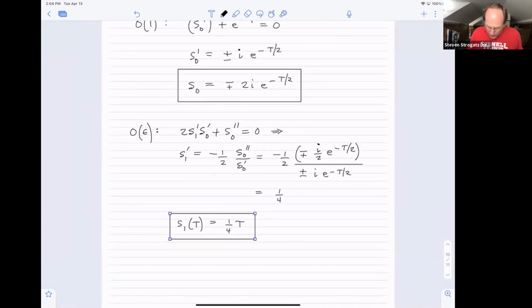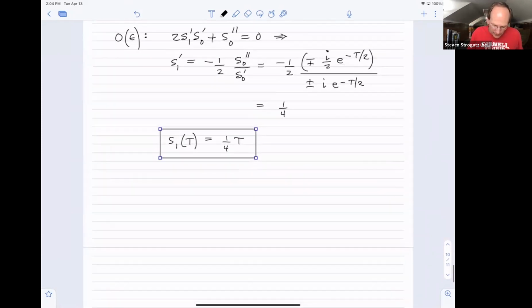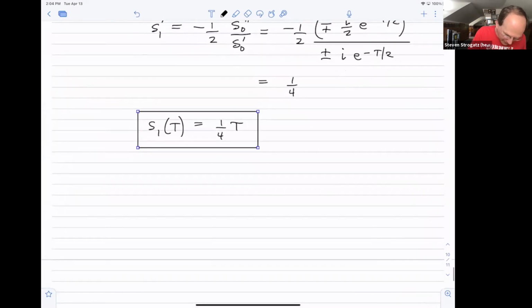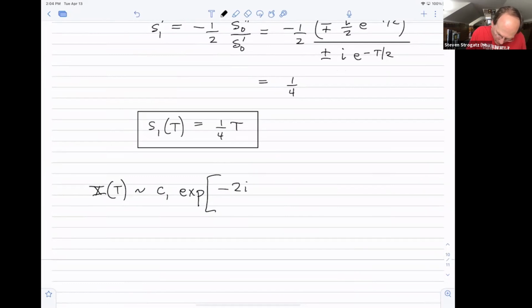And so my overall solution is big X of t is asymptotic to C1 exponential of minus 2i over epsilon e to the minus t over 2.